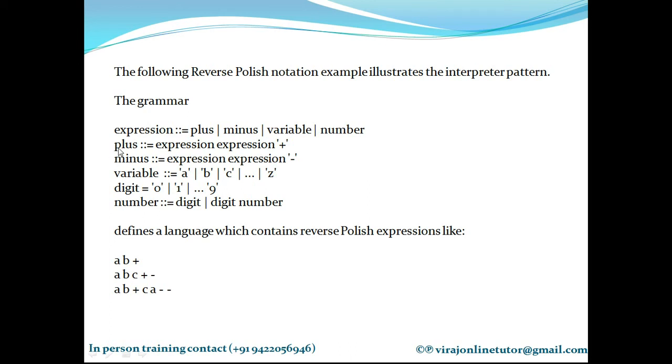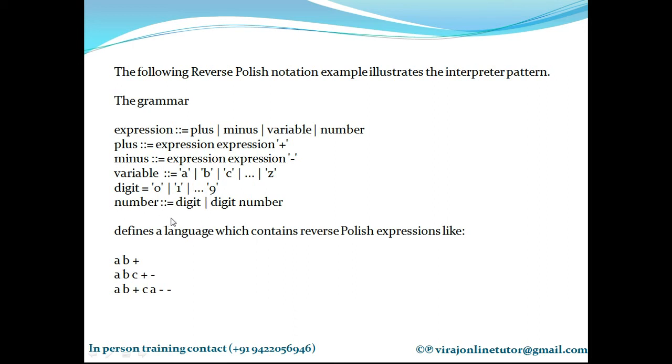Now this plus is expression plus. Minus is expression minus. These are different rules that are defined in the interpreter design pattern. Now variable can be A, B, C, D, up to Z. Similarly, digits can be 0 or 1 or 2, till it goes to 9.